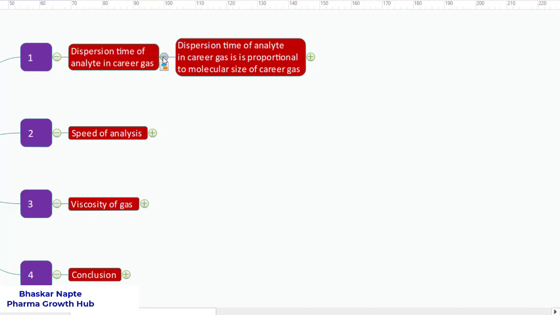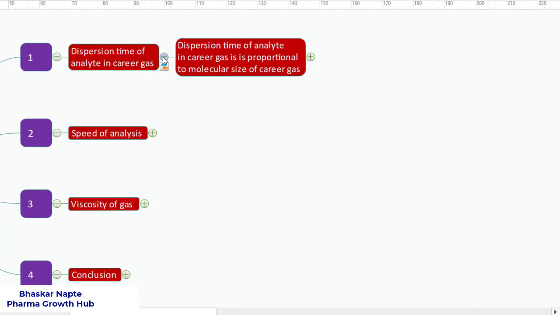As a part of chromatography, your solute may be undergoing adsorption, desorption, or partitioning between the stationary phase and the mobile phase. Now, during this transfer of the solute between carrier gas and the stationary phase, the solute will also take some amount of time to get properly mixed with the phase.